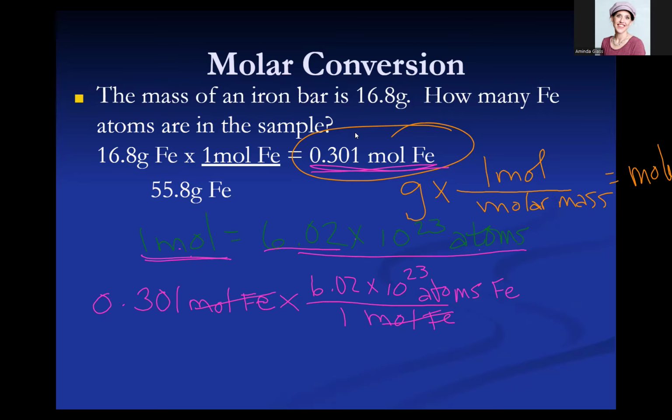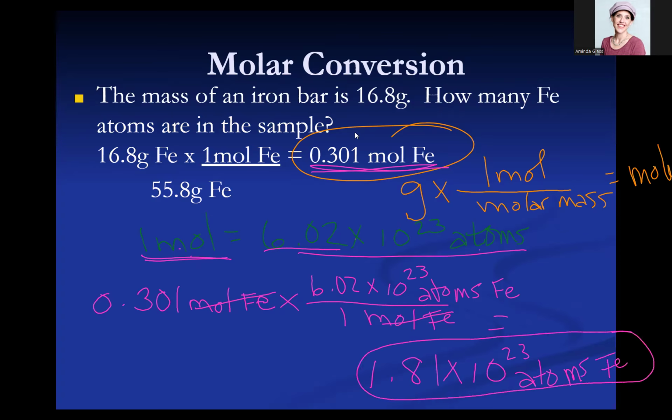So now I could put this in: 0.301 times 6.02 times 10 to the 23rd. That equals 1.81 times 10 to the 23rd atoms of iron.